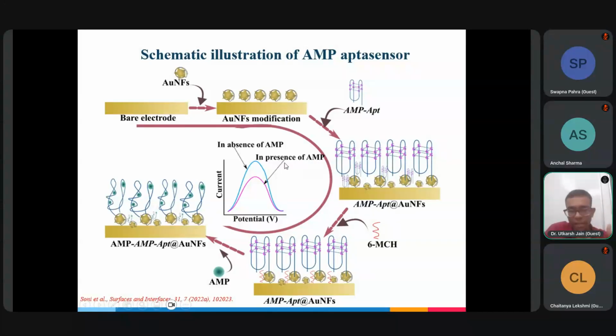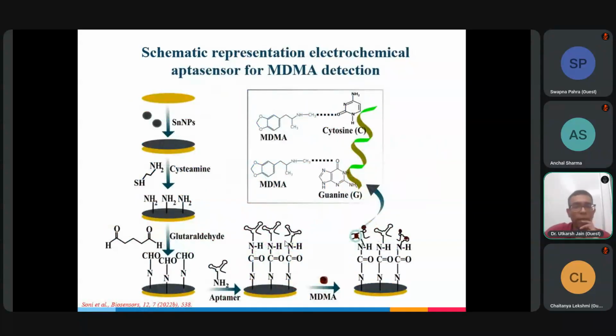Amphetamine standard samples were properly evaluated, and they gave really great information. We published this in the journal Surfaces and Interfaces. And another one is the MDMA, for which we utilized tin nanoparticles, coated them with the aptamer sequences, and finally developed an aptasensor for MDMA.